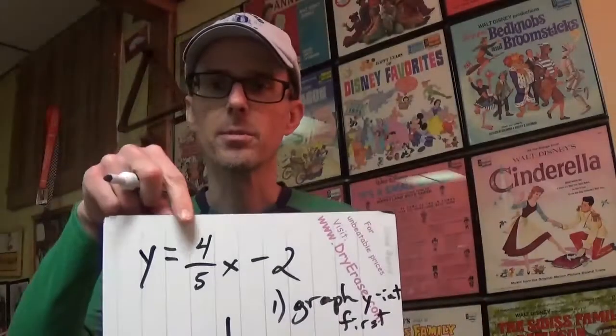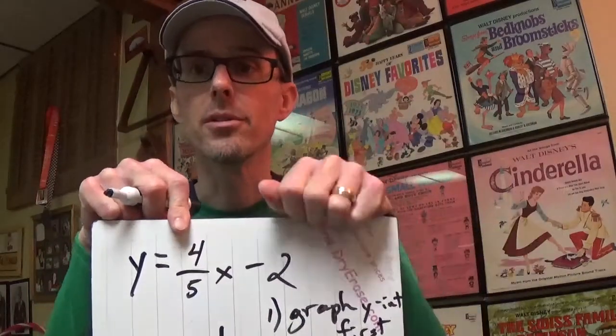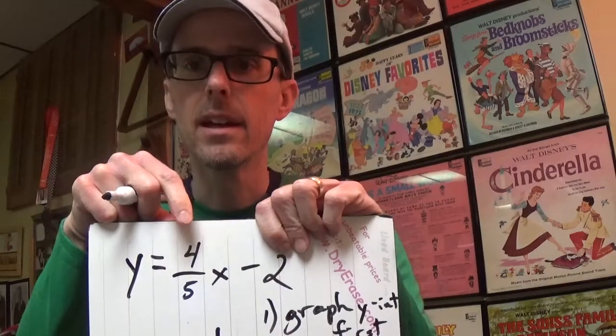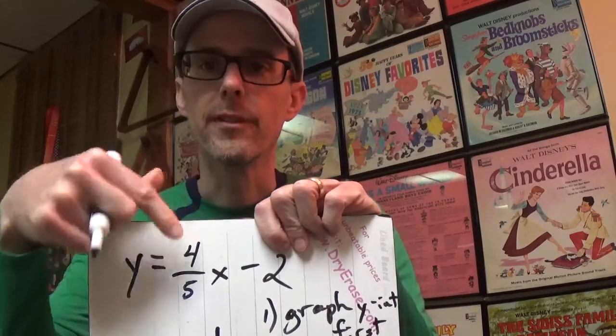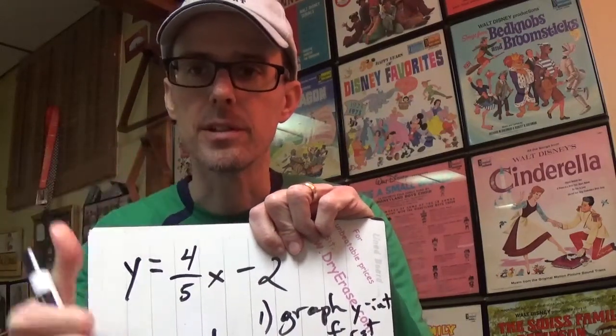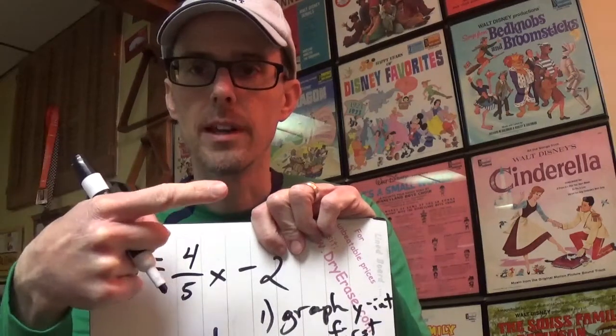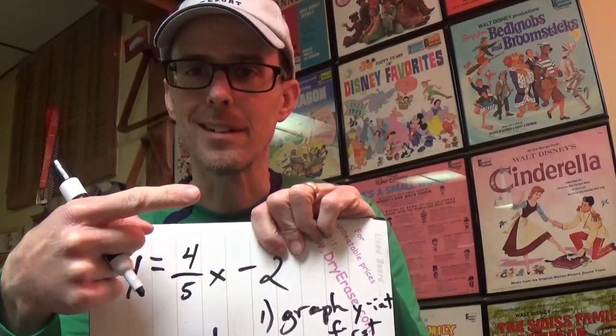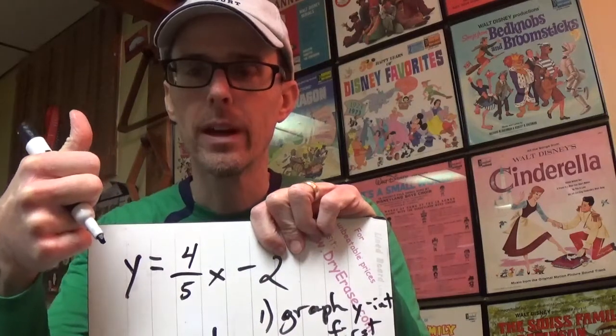We said Gunther is going to be rising. At what rate is Gunther rising? He's rising at 4 units for every 5 units that he runs. So he's going to go up 4 and then right 5. Like the sound effects? Up 4, right 5.